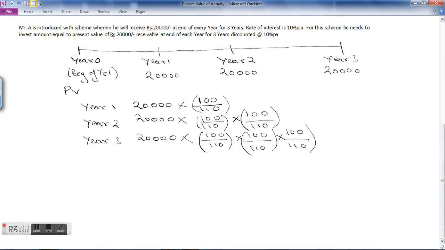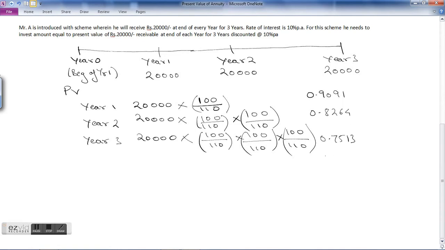Now 100 divided by 110 comes to 0.9091. Next, 0.8264. Next, 0.7513.